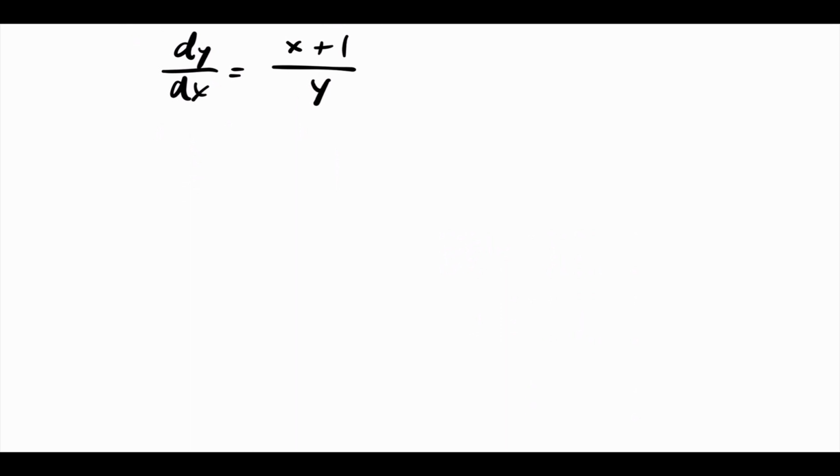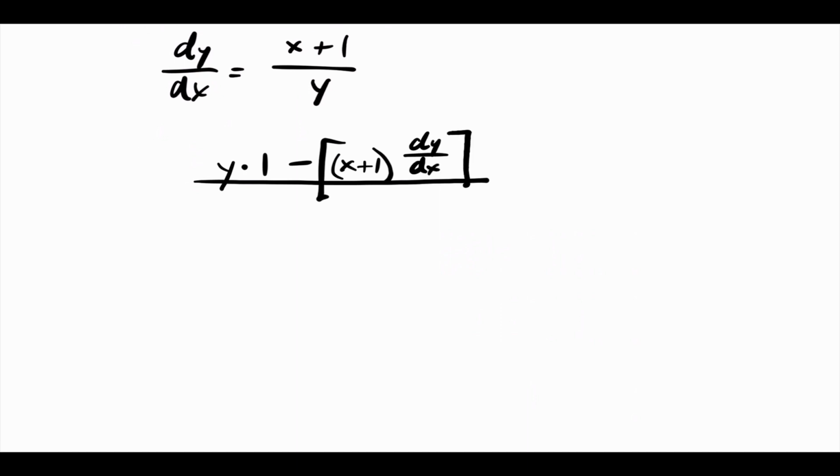So the derivative of, low, y, times the derivative of the top, which is just 1, minus high, x plus 1, times the derivative of the bottom, which is 1 dy dx, over the bottom squared.